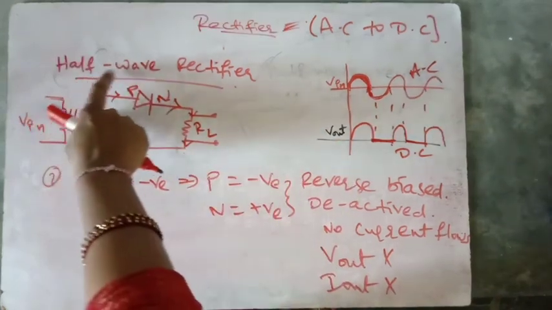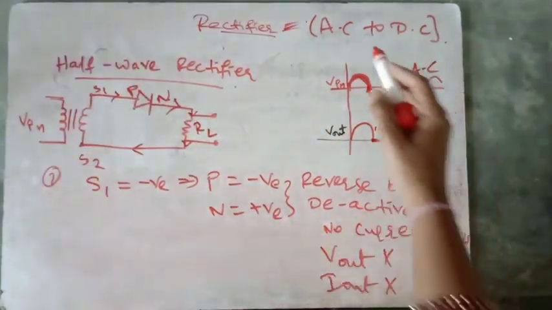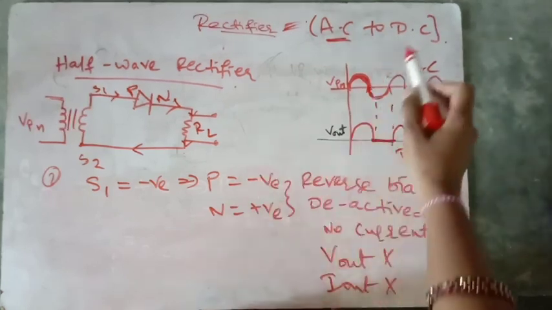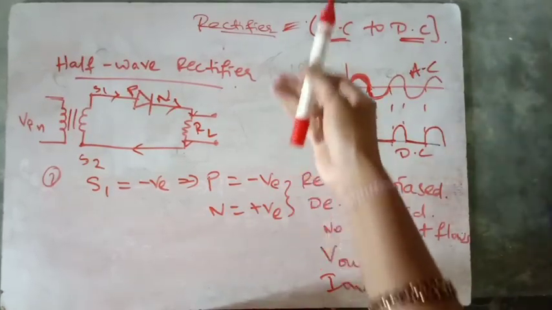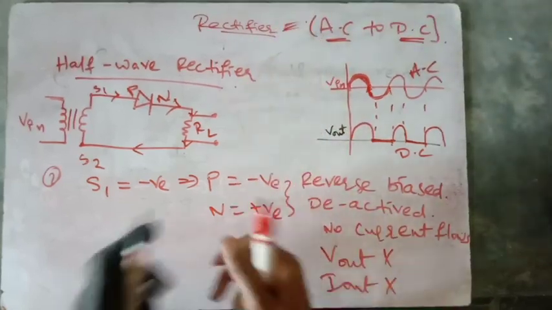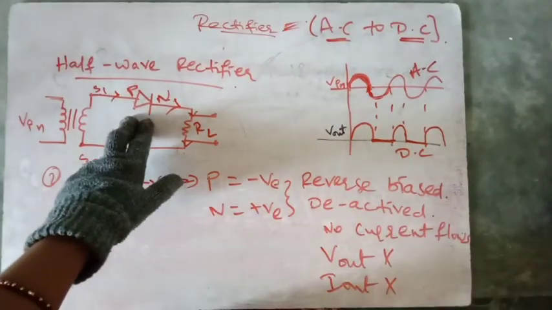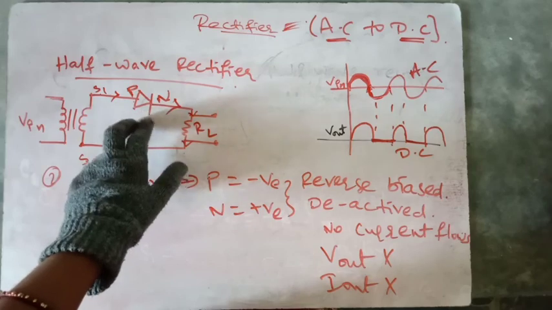So using a half wave rectifier we are converting AC voltage to DC voltage. This is the use of a rectifier, one of the applications of the PN junction diode.